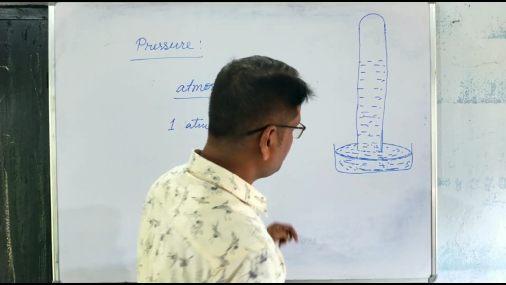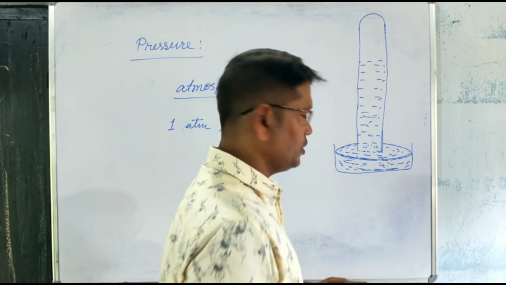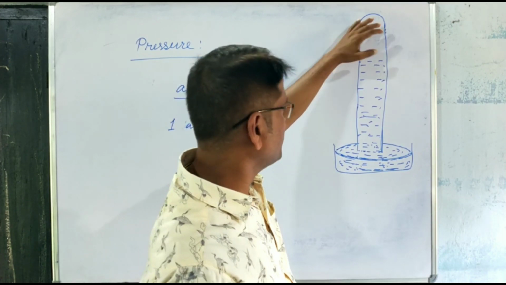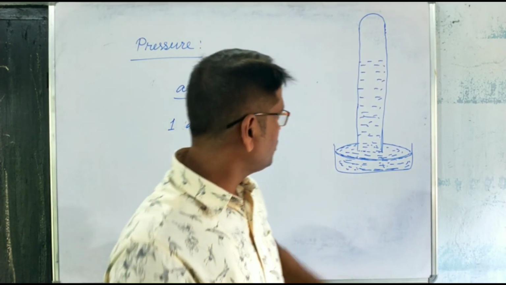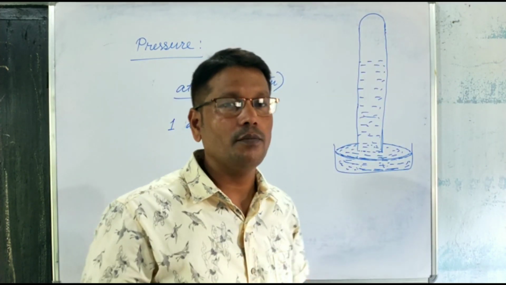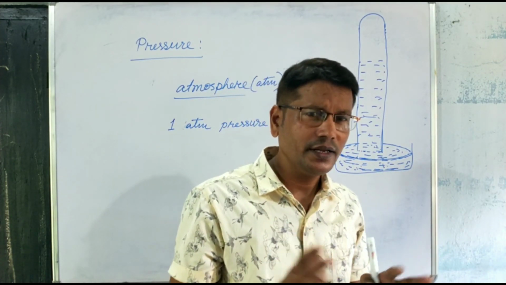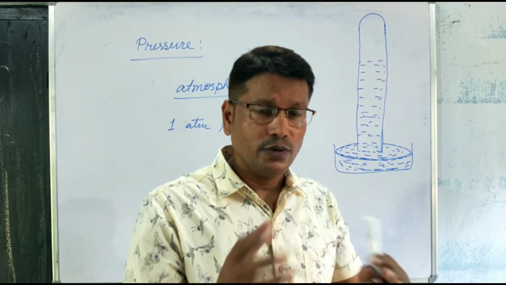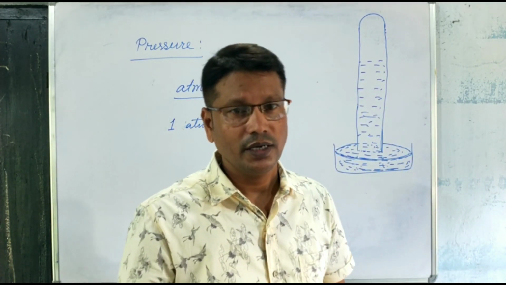So this type of arrangement is in a barometer, in which we have a mercury column. That means a glass tube in which mercury is introduced. In a barometer there is a glass tube which is filled by mercury, and the glass tube is kept inverted.